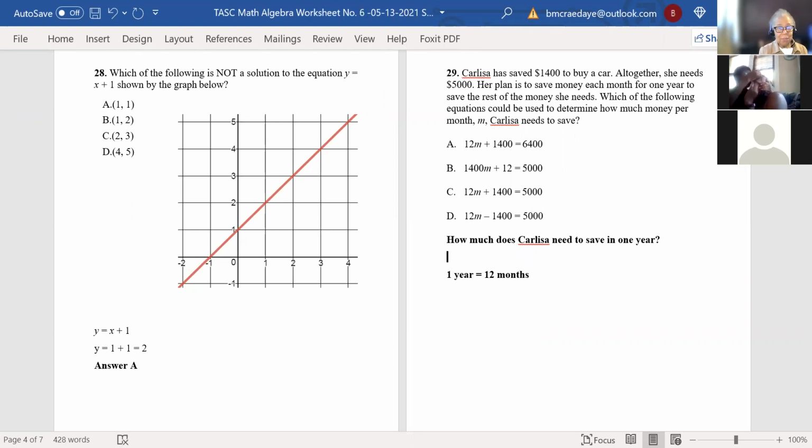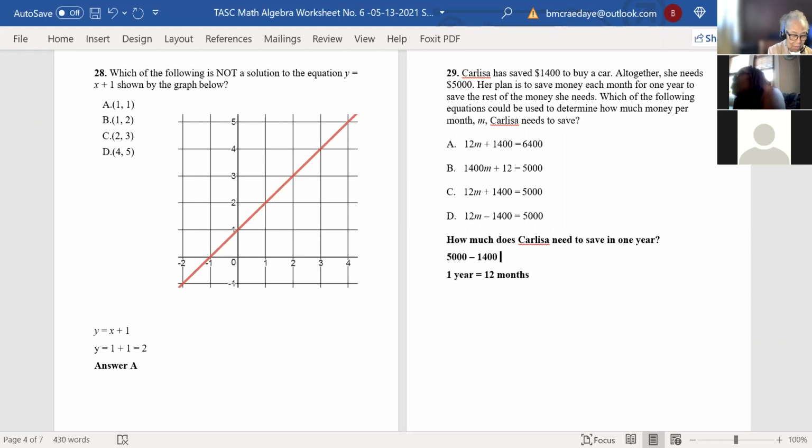Well, if she needs 5,000 to buy a car and she's already saved $1,400, how would you find how much she needs to save in 1 year? I think I do a guesstimation on this one. Okay, think. Well, you'd have to take 5,000, which is what she needs, minus what she's already saved.